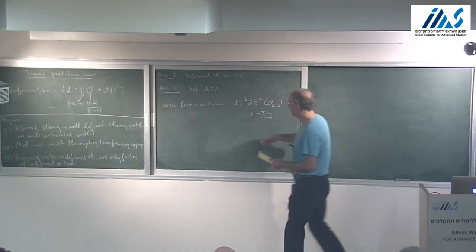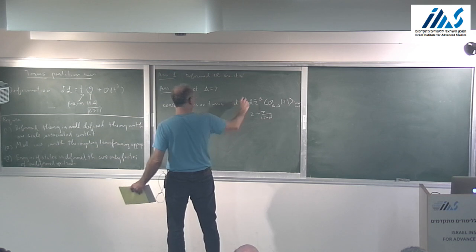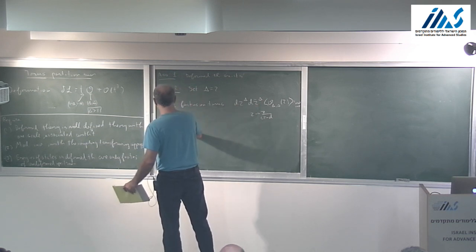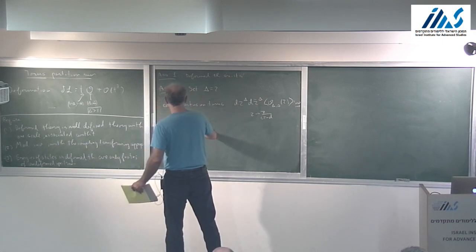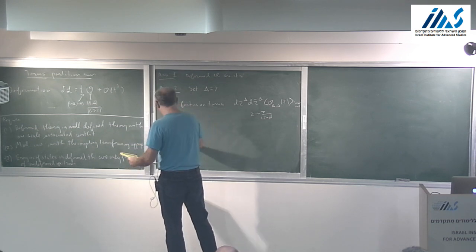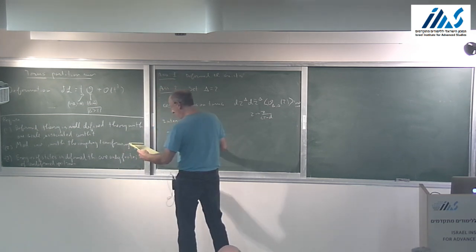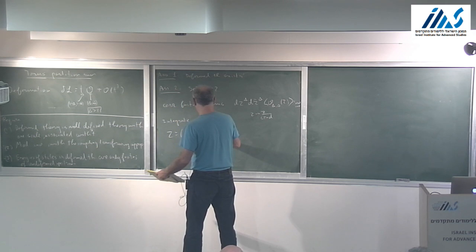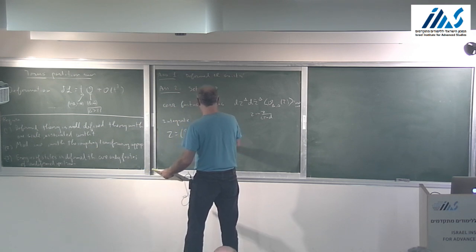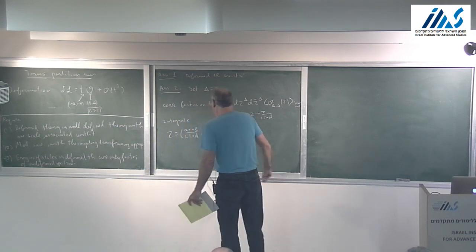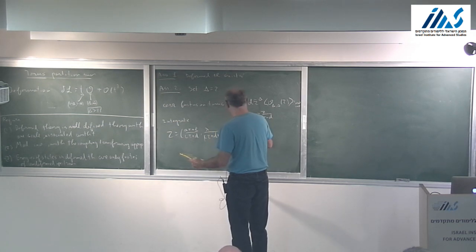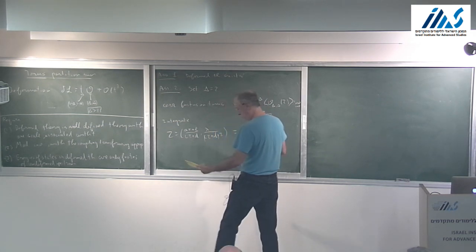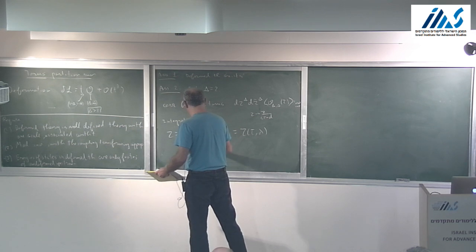So if you do that, if you now use this property and integrate, what you will find is that the partition sum of the perturbed theory satisfies the property that, like this, I'll tell you in a second what this lambda is, satisfies this property, where lambda, in terms of this t, is t divided by r squared.